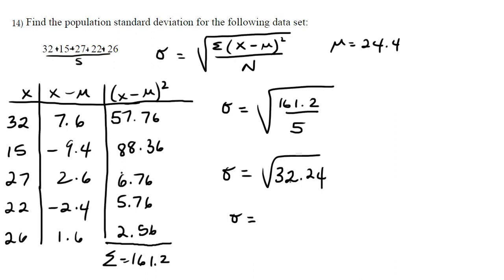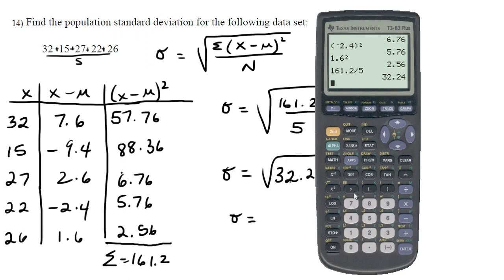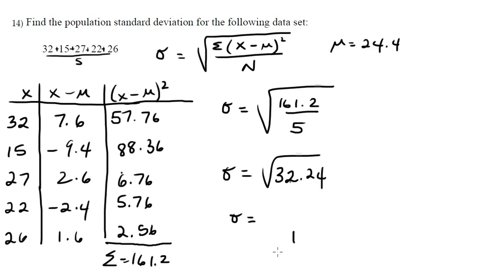Population standard deviation is the square root of 32.24, approximately 5.7. So there's my population standard deviation. So that's our population standard deviation.